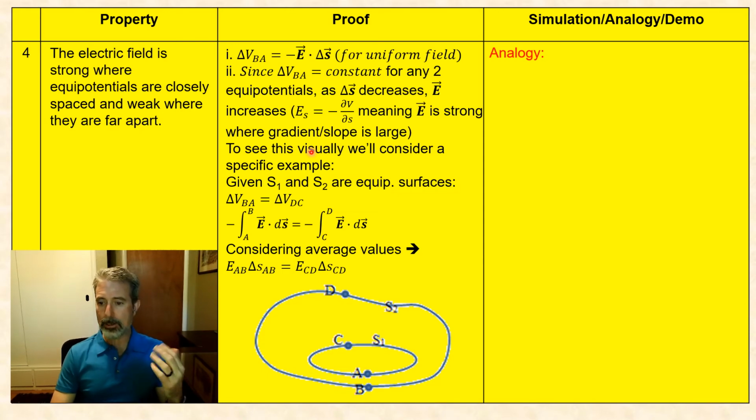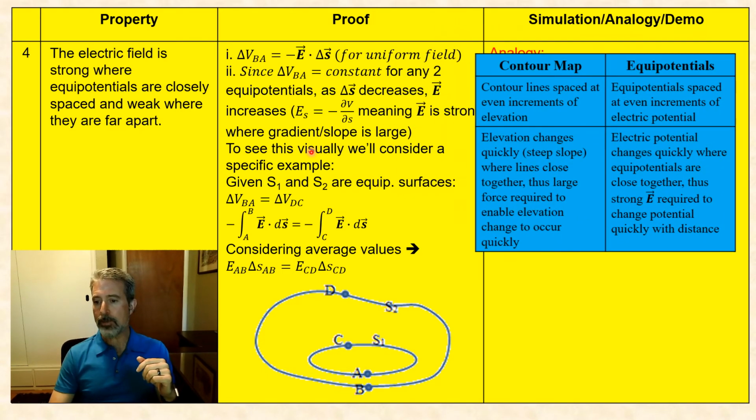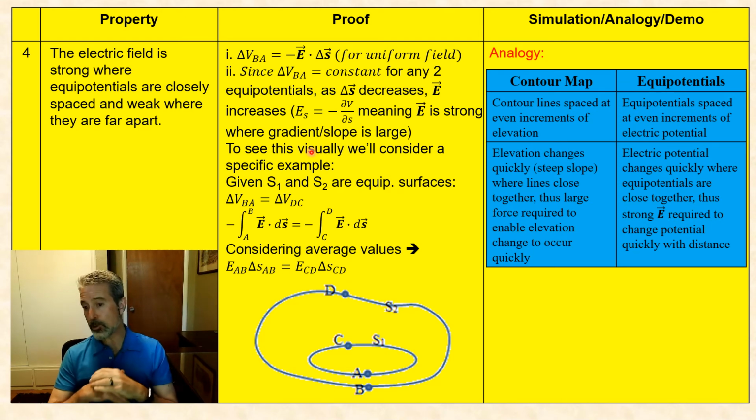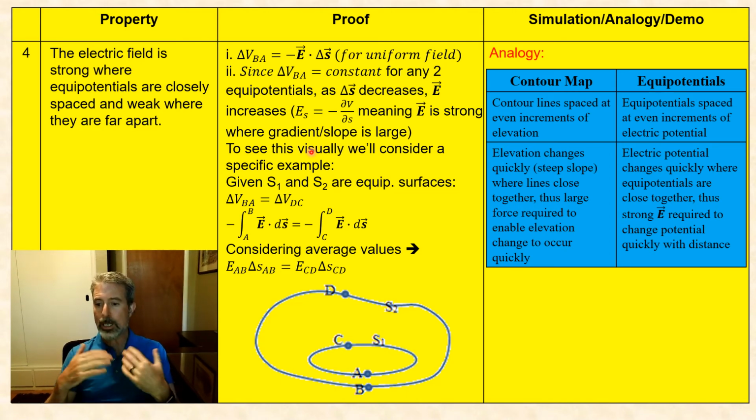And if we think about the analogy of a contour map, it's very helpful because you may be more familiar with that. Contour maps help us understand elevation. And what we can say is that contour lines are spaced at even increments of elevation. So just as on an equipotential, any 2 points have the same electric potential, on a contour line on a contour map, any 2 points on that contour line have the same elevation.